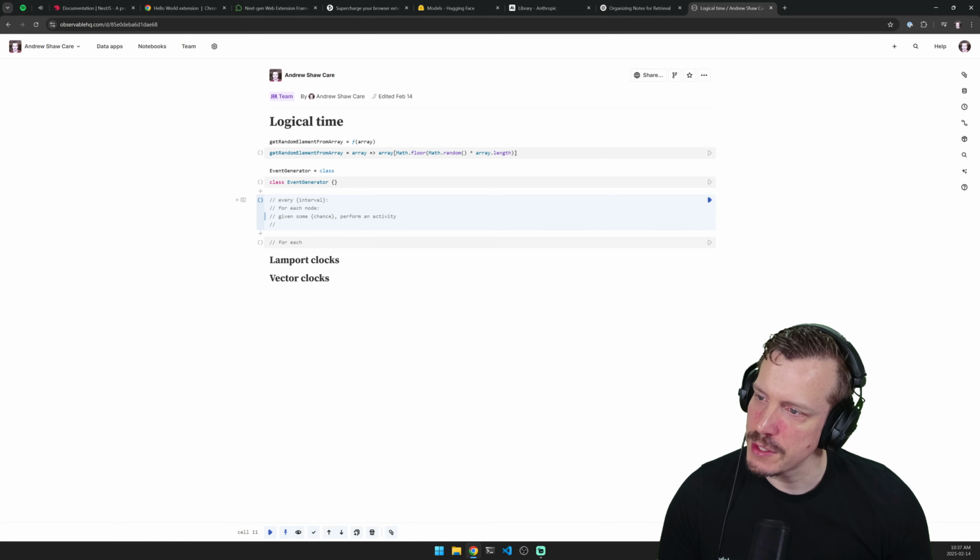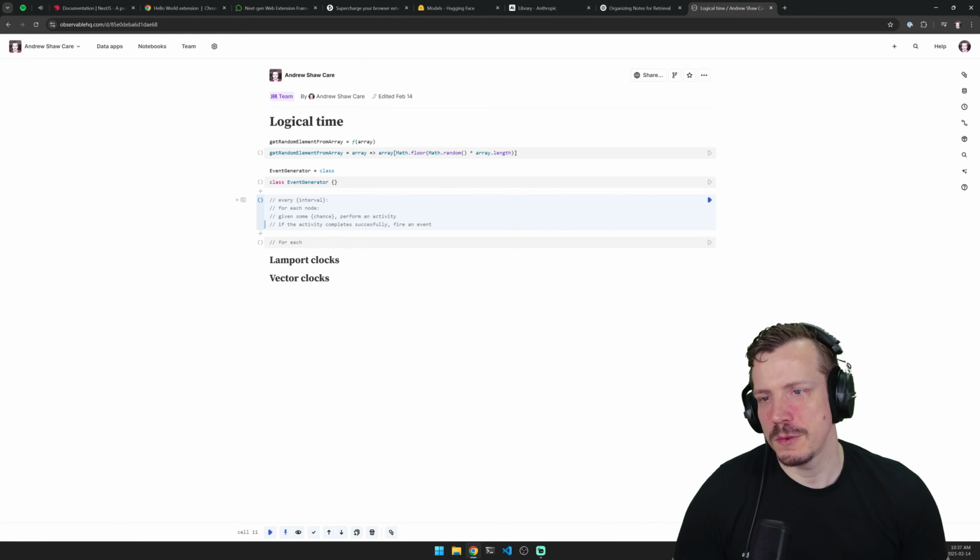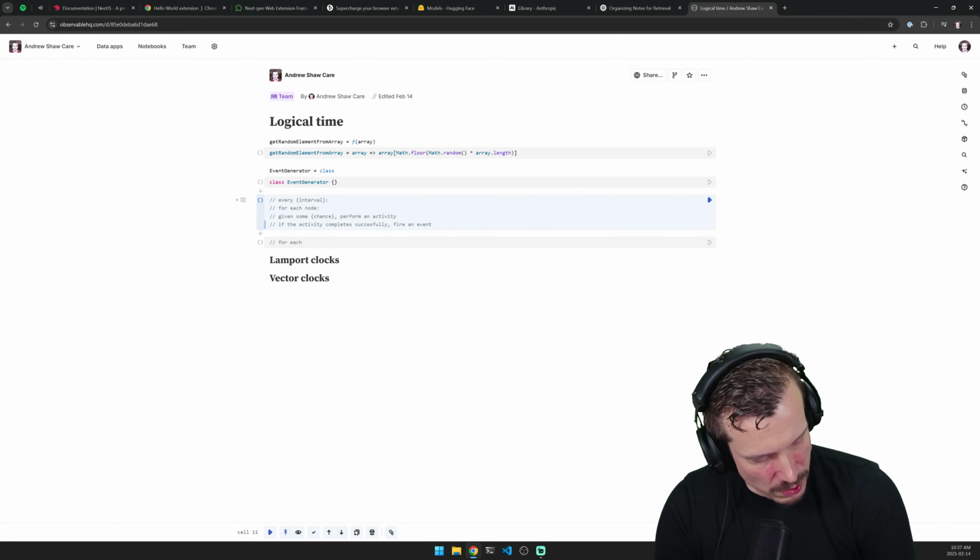For each node, given some chance, perform an activity. Okay, and then if the activity completes successfully, fire an event.